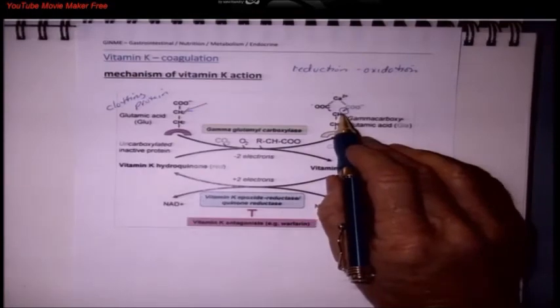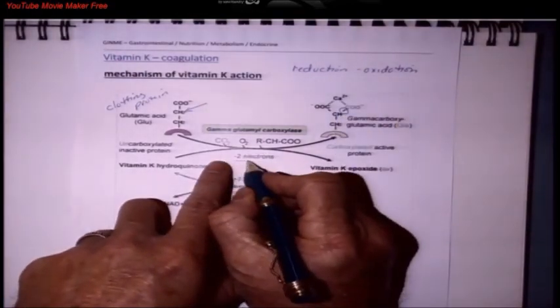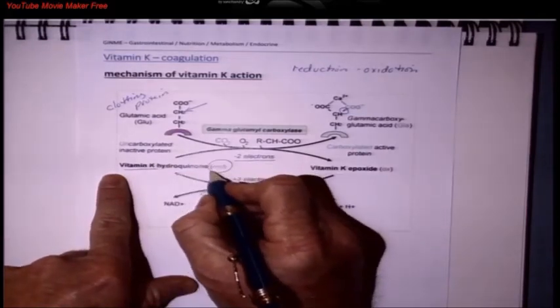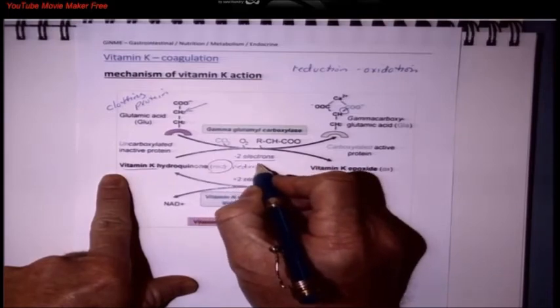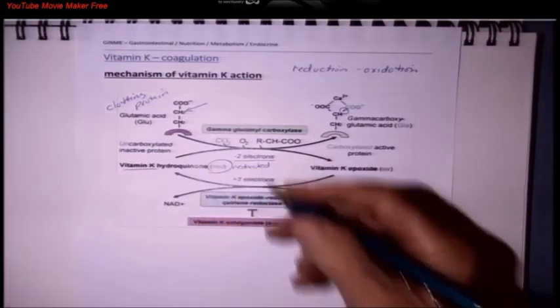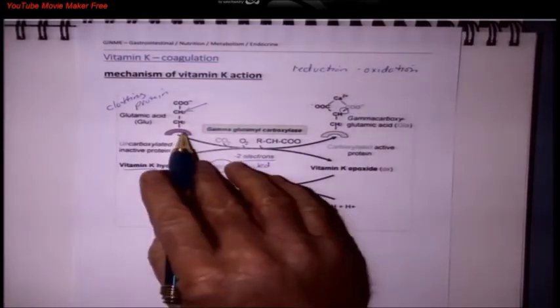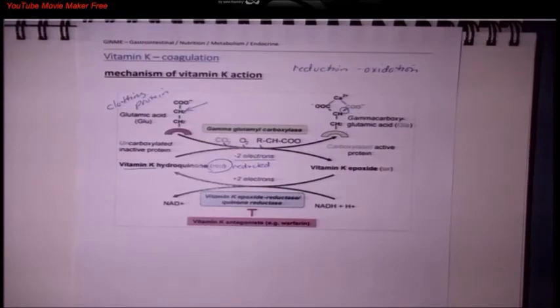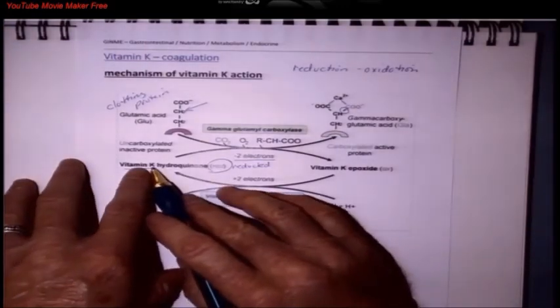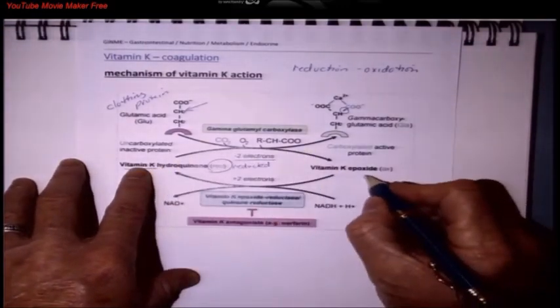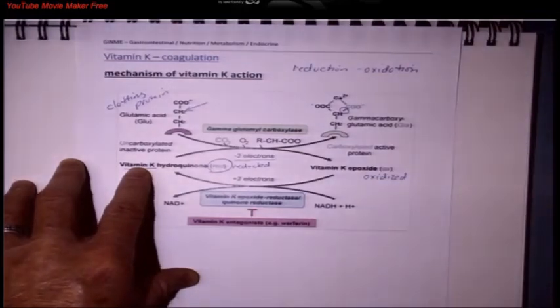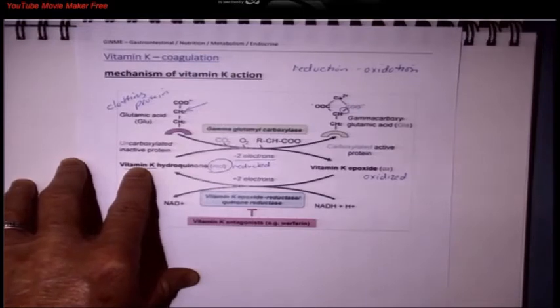So these two electrons right here are coming from vitamin K. So vitamin K in the reduced form is simply the carrier of electrons that is going to facilitate this carboxylation reaction of the clotting proteins. So vitamin K donates the electrons, and it turns into an oxidized form instead of its reduced form.